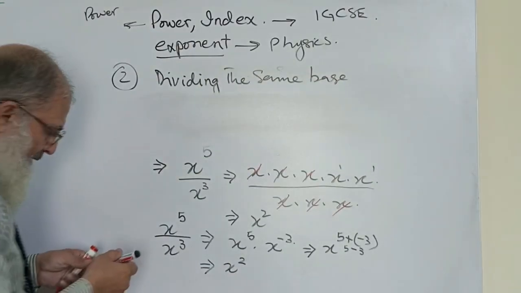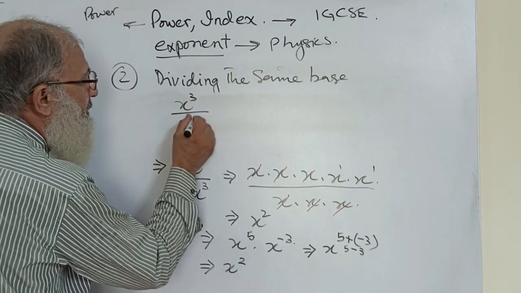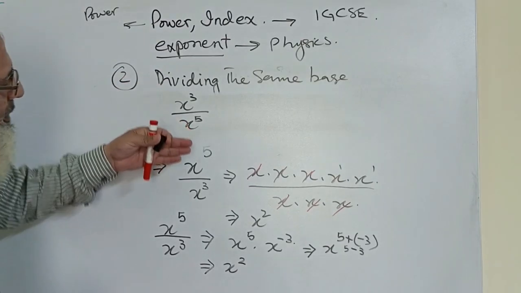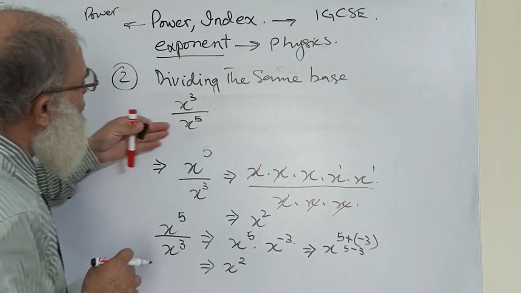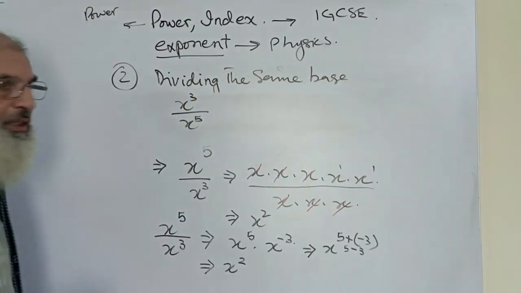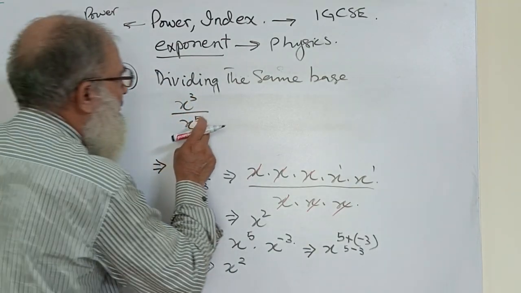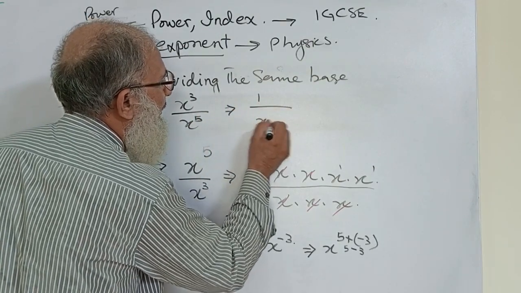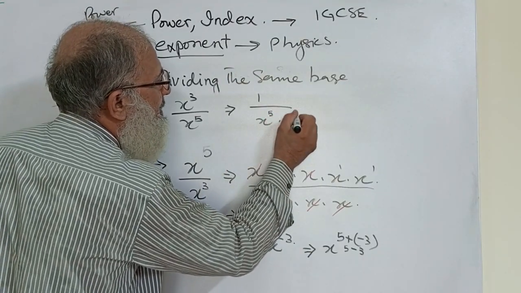Now the "or" is here: if the situation is like this, x^3 divided by x^5, you are allowed to move it from denominator to numerator, or it will be easier if you let it remain like this and write 1 divided by x^5 times x^-3.